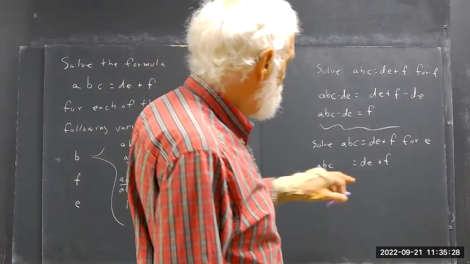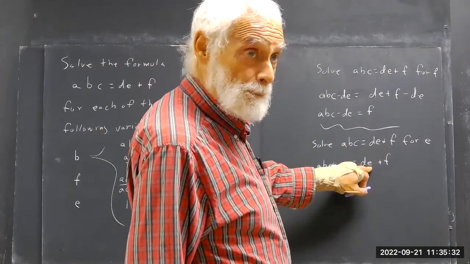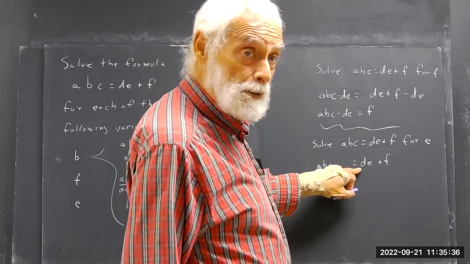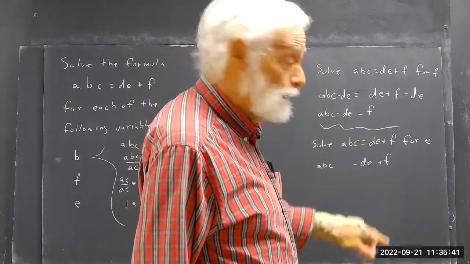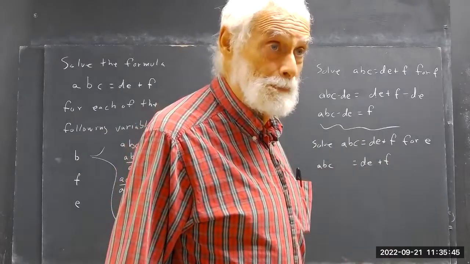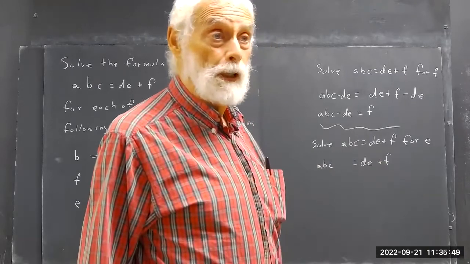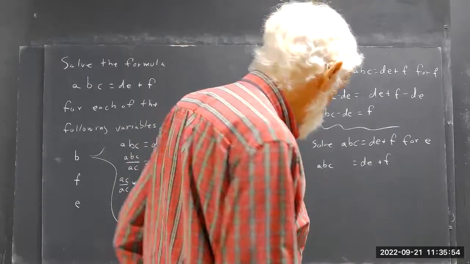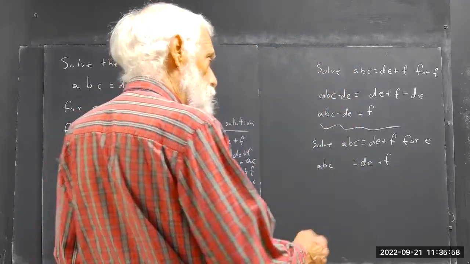Okay, well, you want to isolate E. What's the first thing we can easily get rid of? We can't easily get rid of D, because if you divide by D, you've also got to divide F by D, and you're going to end up with F divided by D. That's a fraction. You want to avoid fractions. And in solving equations, you can pretty much always avoid fractions, except maybe at the very end where you get some kind of fraction. But in the solution process, you don't want fractions.